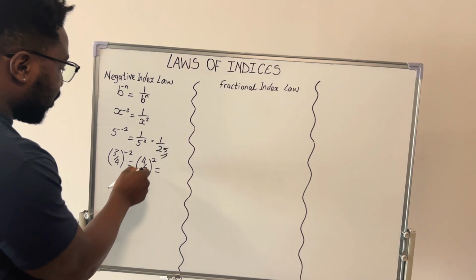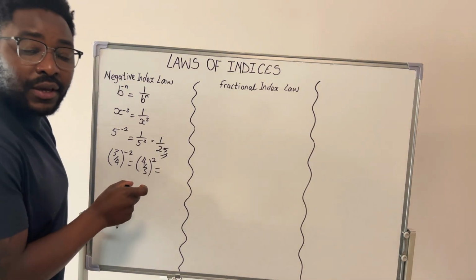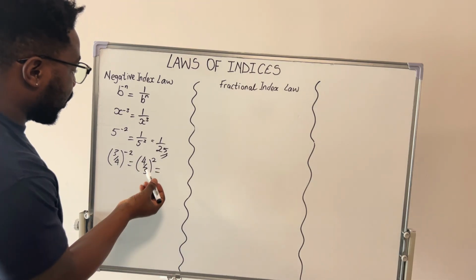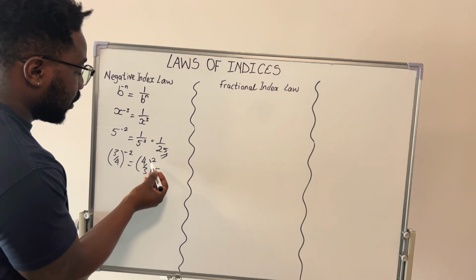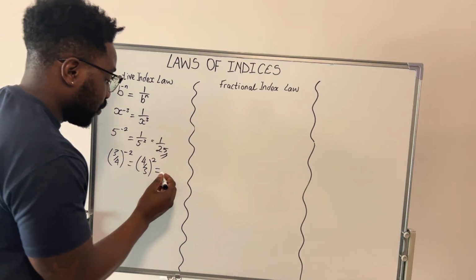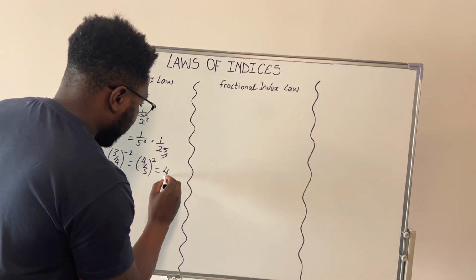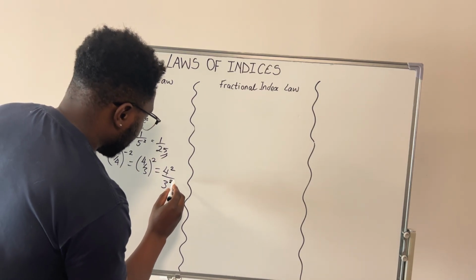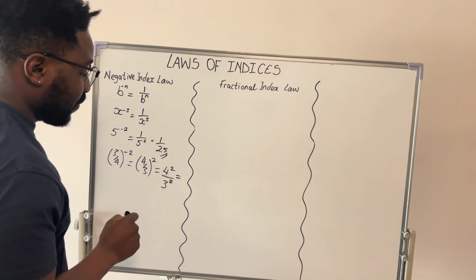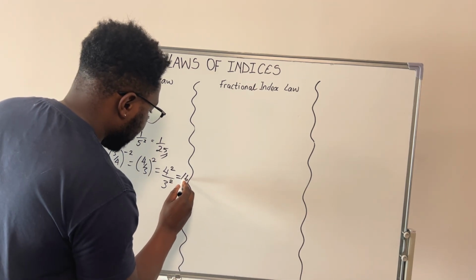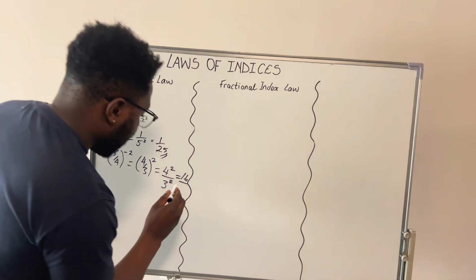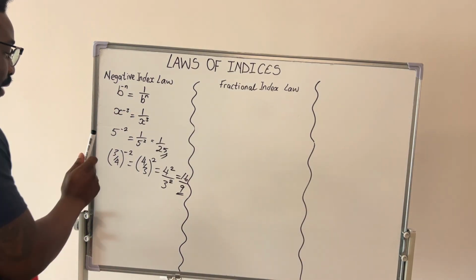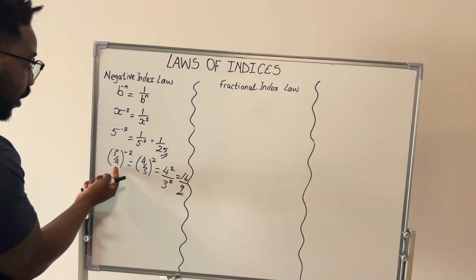We can use the power of a quotient law, so we can distribute the 2 to the numerator and the denominator. The numerator will be 4 squared over the denominator 3 squared. 4 squared is 16 and 3 squared is 9. There we go, we have simplified our question.